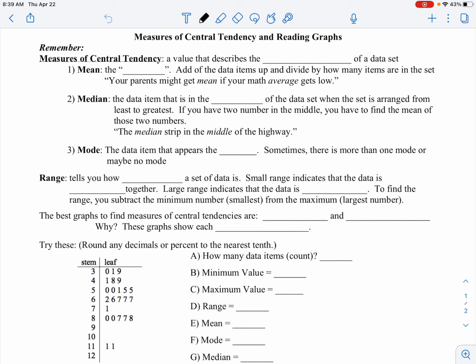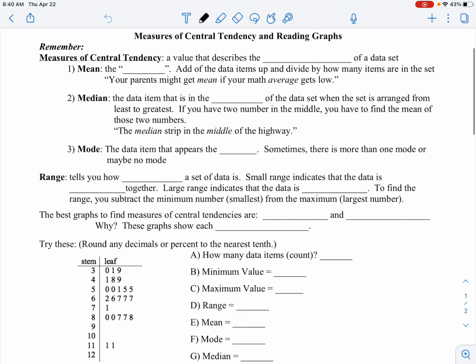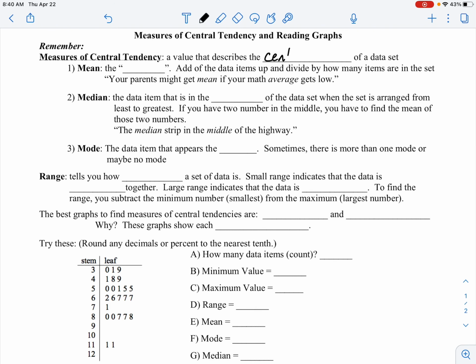So today we are going to be taking a look at some more statistical stuff, measures of central tendency and reading graphs to find it. So let's just remember that measures of central tendency are a value that describes the center or middle of a data set.